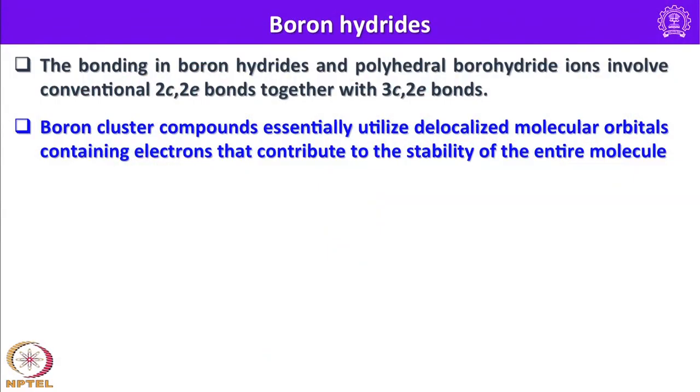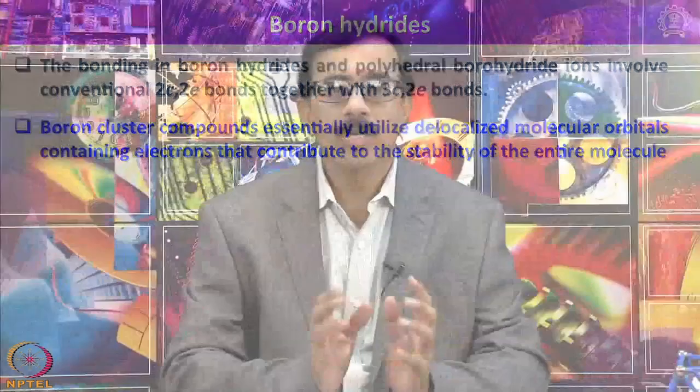So, boron cluster compounds essentially utilize delocalized molecular orbitals containing electrons that contribute to the stability of the entire molecule.